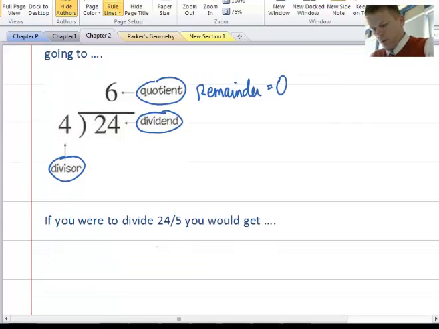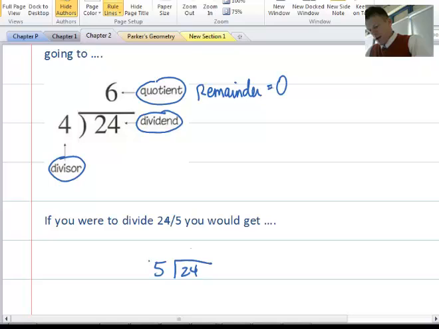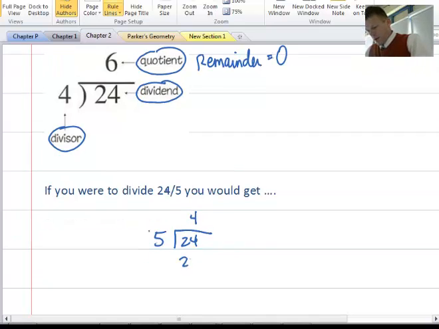But if we did 24 divided by 5, we would multiply by 4, because 5 would not go in. We would take 20 and subtract 20 from 24, and we would have a remainder of 4.